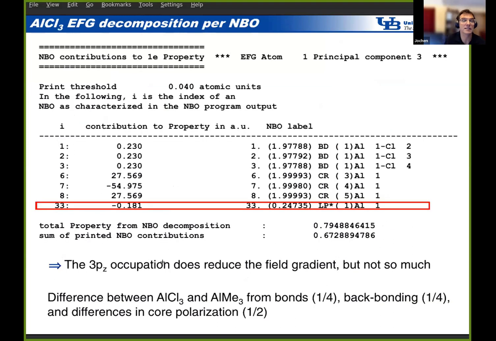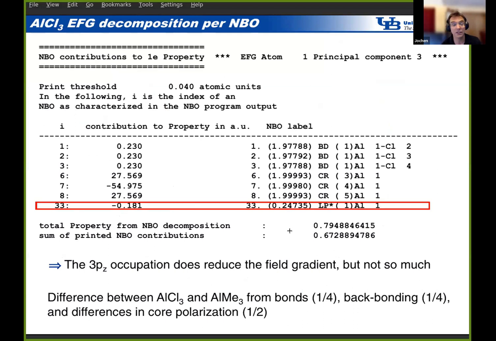And if we analyze this in terms of NBOs instead, the delocalization needs to be considered through the occupation of the NBOs. We'll find that there is a negative contribution from the 3pZ orbital, which is this number 33.